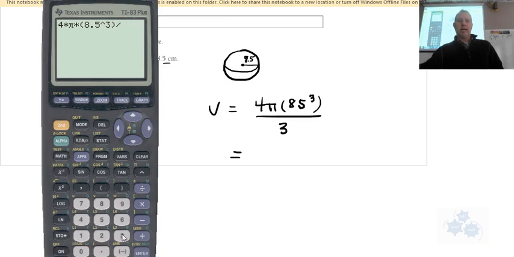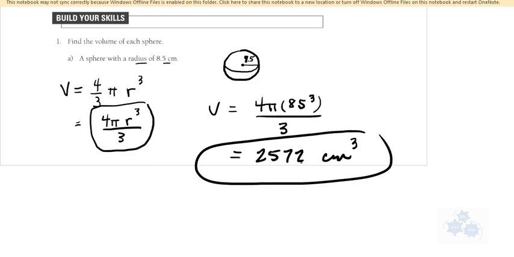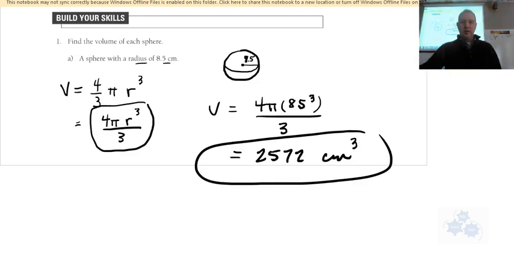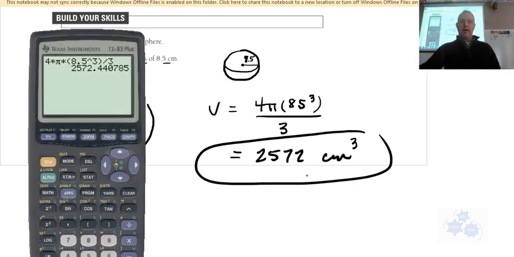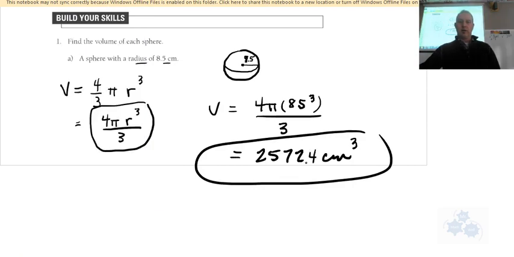Then you close the brackets and divide by 3. This is what you should get right here. Everyone make sure you can do that on your calculator. So 2,572.44, if you had that, that's great as well, or 2,572.4.